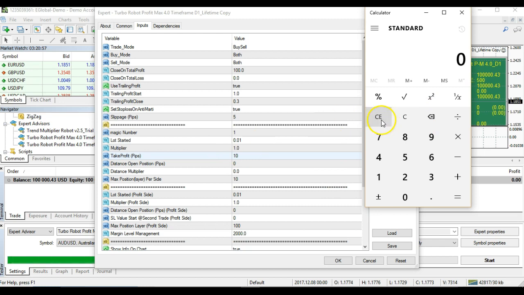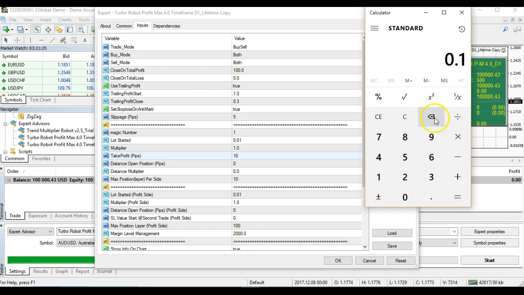Some brokers charge 0.01, and the price of that particular pip is also 0.01. If you multiply by 10 pips, that is your total value of 10 pips. But my broker will charge me every 0.01 is equivalent to 10 cents.